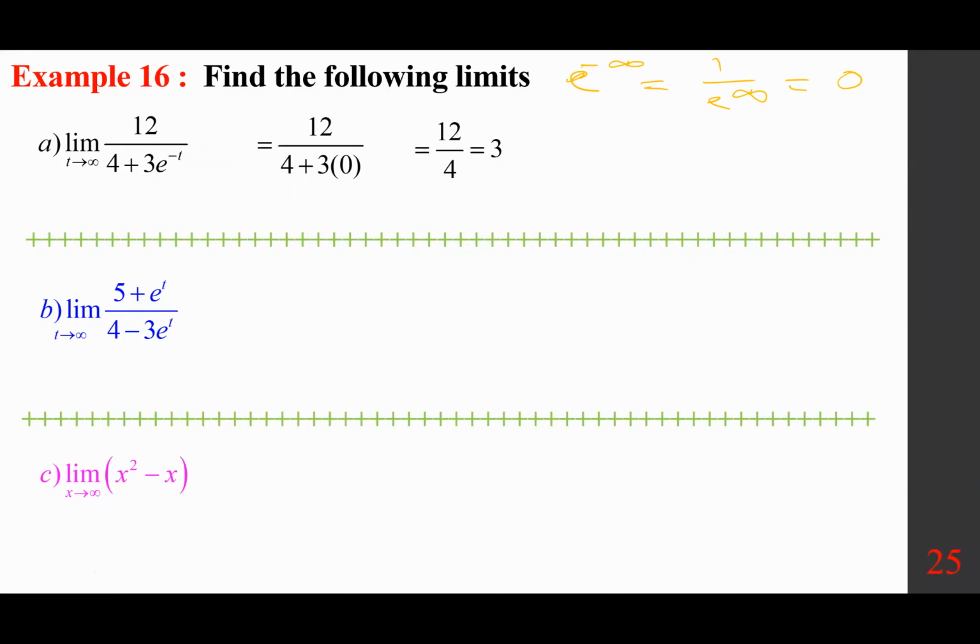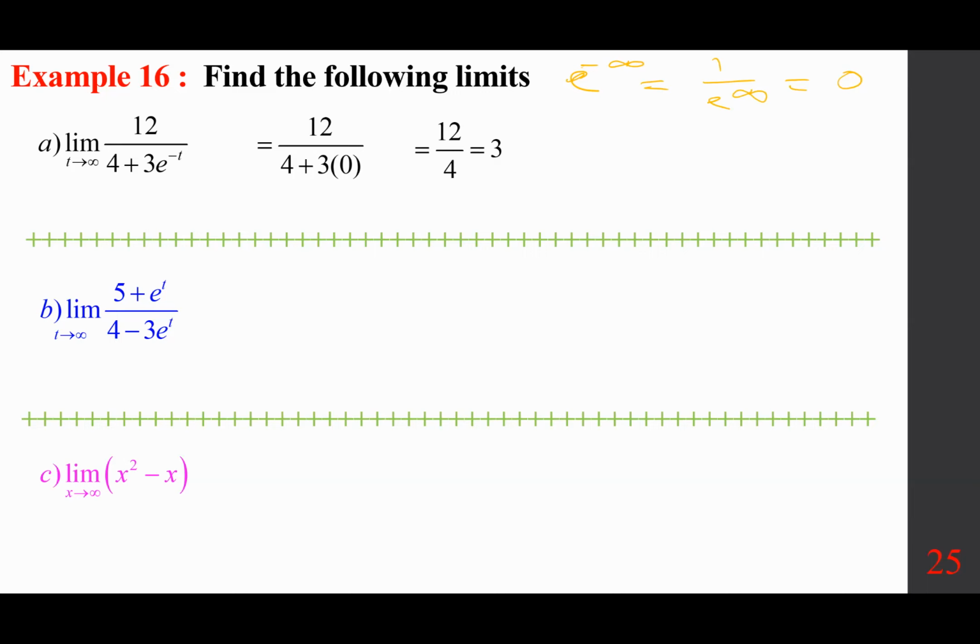Now, if we look at part B, and if we plug in, the top goes to positive infinity when you replace it. And the bottom goes to negative infinity. And although it's not a rational function, remember, in a rational function, the top and the bottom are both polynomials.